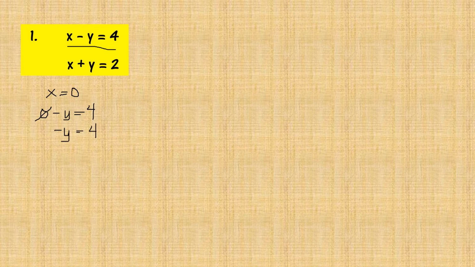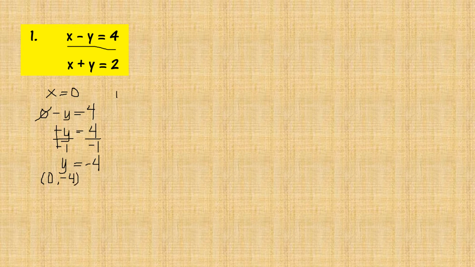Since hindi pwedeng maging negative yung ating y, then let's divide both sides by negative 1. Then, makakancel na po yung ating negative sign dyan. y divided by 1 will give us simply y. Then, 4 divided by negative 1 will give us negative 4. So, meron na tayo ditong isang ordered pair, which is we have 0 yung ating x, then yung ating y will be negative 4. Then, now, let's have the next one.